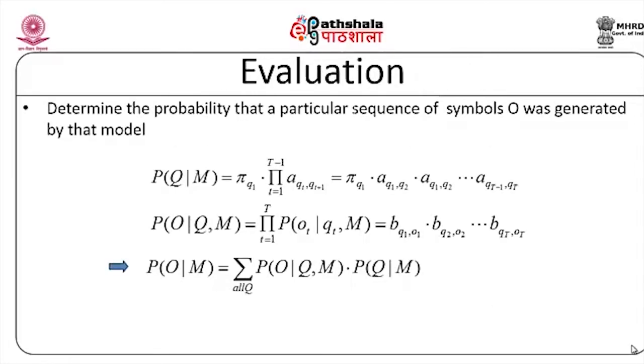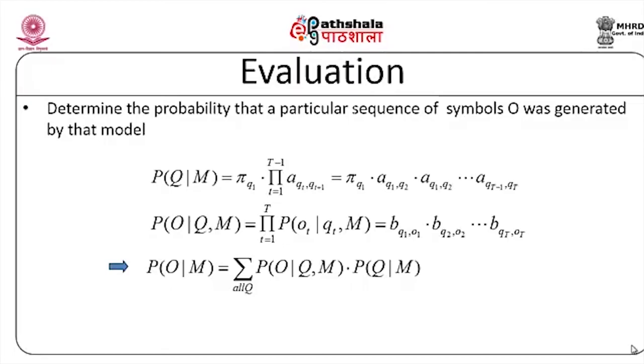Now, determine the probability that a particular sequence of symbols O was generated by that model. Given that a particular state sequence Q is generated by the model M, let us assume the sequence is Q1 to Qt.